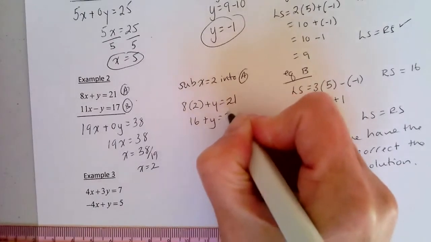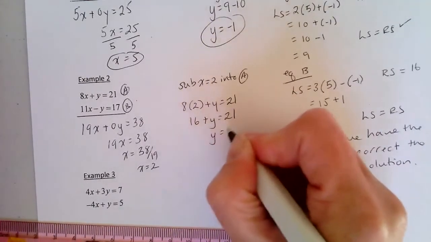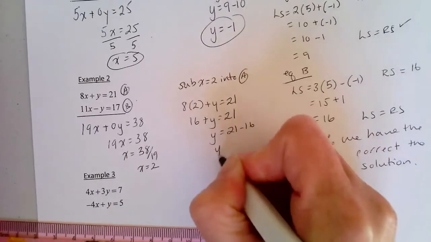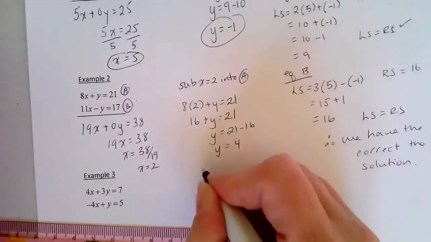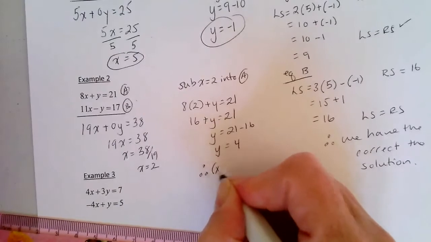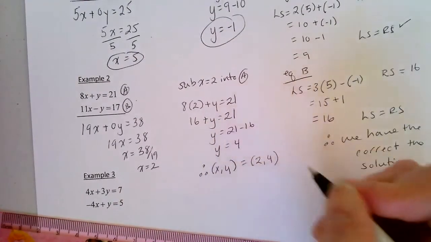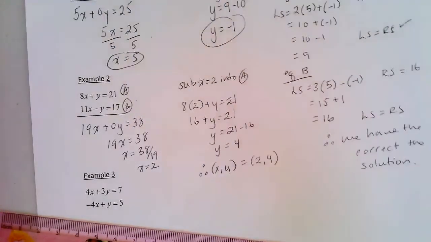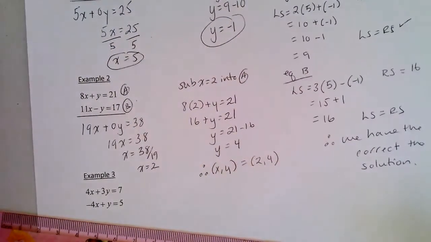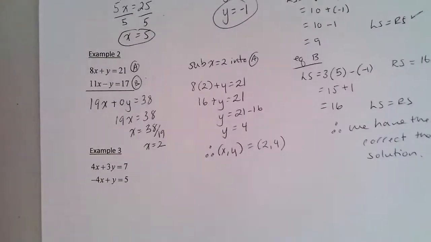Clean this up. y will equal 21 minus 16. So y is equal to 4. Therefore, our solution is the point (2, 4). And you then verify again that you have the correct solution by going through the formal left side, right side check.